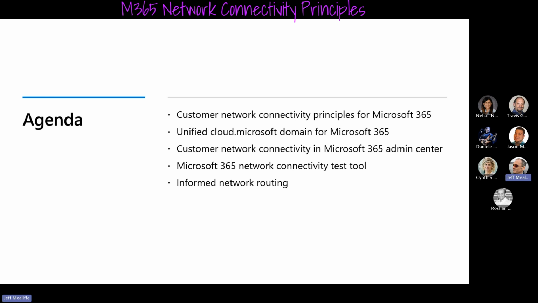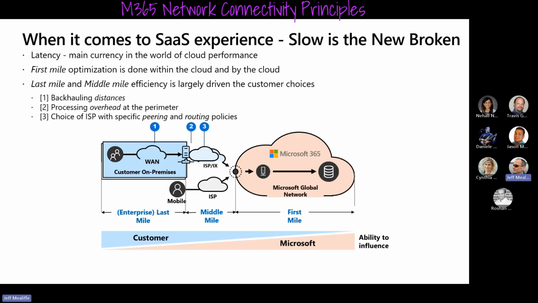But before we get into that, I think it's important to level set and help you understand why we care so deeply about this space and why connectivity is so important to get right for our customers and partners.